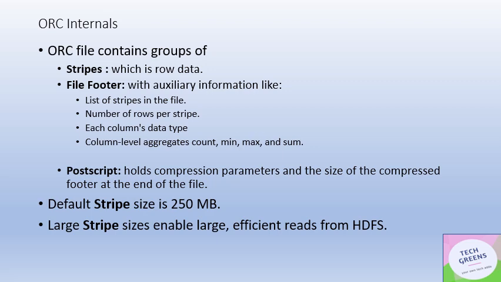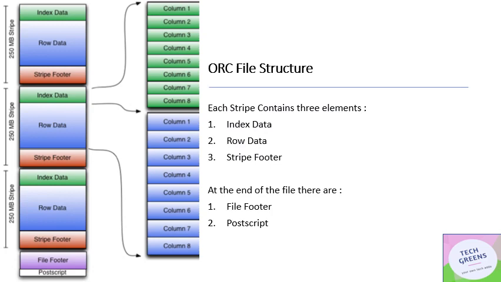in the HDFS world. Now guys, this is the picture of how an ORC physical file looks. As we've discussed, it could have multiple stripes of default size 250 MB, and each stripe would have its own internal components which we'll discuss here. But if you look at the picture carefully, you will see that this is one file.